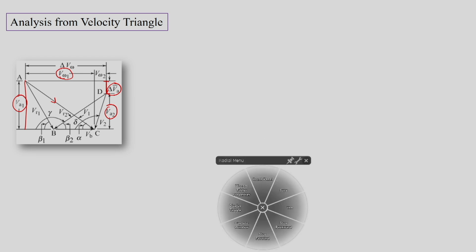Let us say that we are interested in finding out initially the tangential thrust or torque applied by the mass of steam which is going through the rotor.